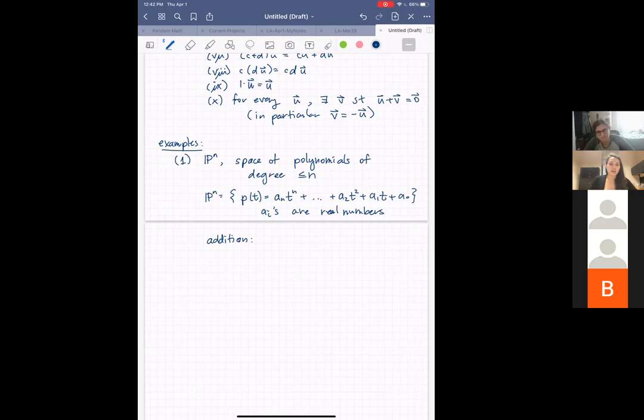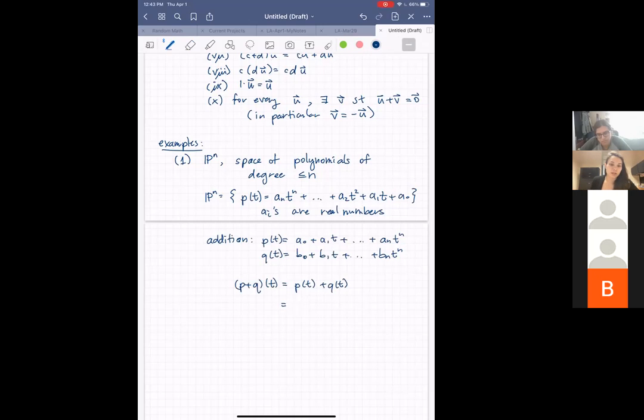So I won't rewrite this, but the definition of addition is pretty straightforward. If we have two polynomials, p of t, which we'll write in this order this time, and q of t, which has coefficients b_0, b_1, up to b_n, then summing these two, p plus q of t, is just a matter of summing those two functions.